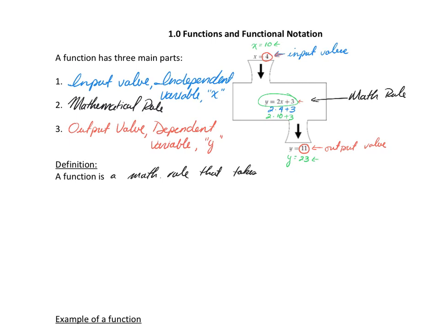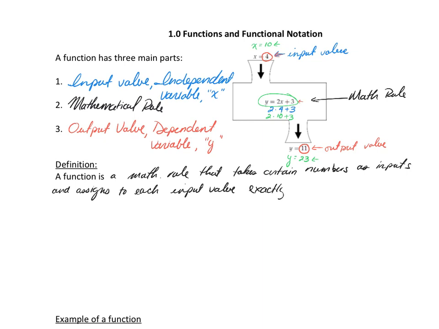Okay, so it takes certain numbers and it takes them as the inputs and applies that math rule, which then assigns to each input value exactly one output value. And those are the key words, exactly one output value.